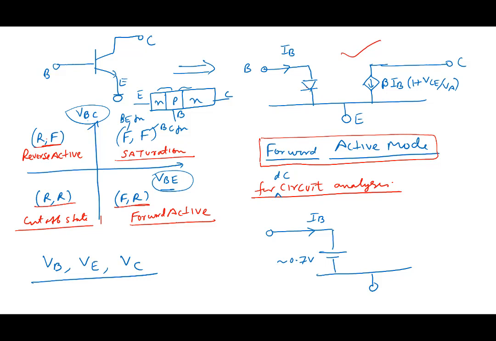And we ignore the factor 1 plus VCE by VA, because it's a small factor. We simply write beta times IB. This becomes the model: base, collector, and emitter.